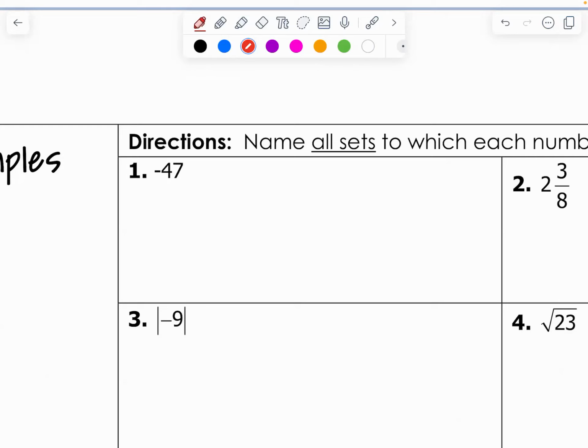No. Whole numbers is 0, 1, 2, 3. No, doesn't. Oh, sure, it goes in the integer. Since it's a negative number and there's no fraction or decimal with it, it's going to be an integer. Well, my integer bowl is also in the rational bowl. So we are going to write, it's an integer and it's rational.